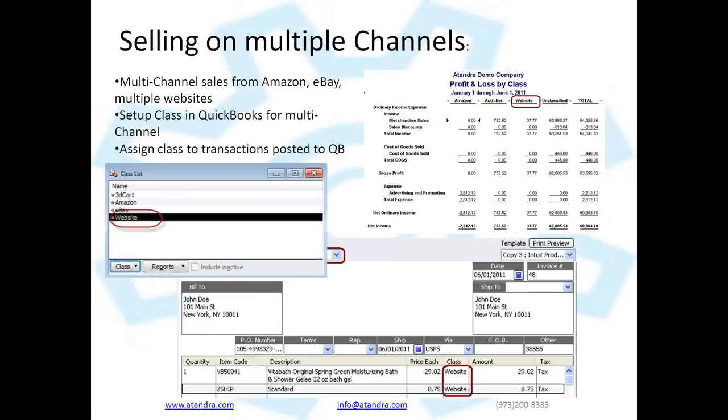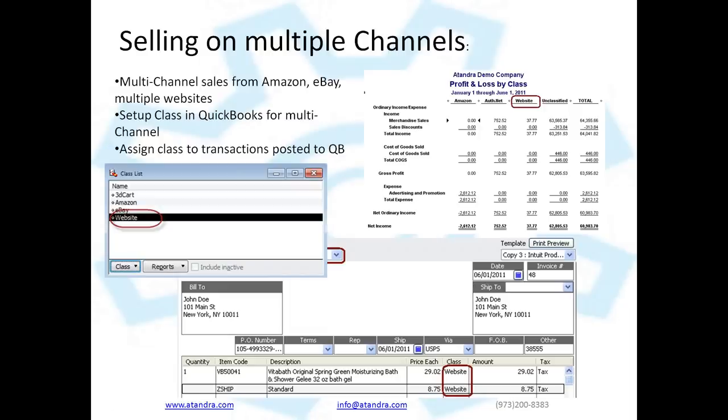If you sell on multiple channels, the simplest thing you can do in QuickBooks is to assign classes. QuickBooks has a class feature, so you can set up a class called website or whatever you want to call it. And let's say you sell on Amazon, you can have an Amazon class. So in T-Hub, you can assign a class name to all the transactions going into QuickBooks.